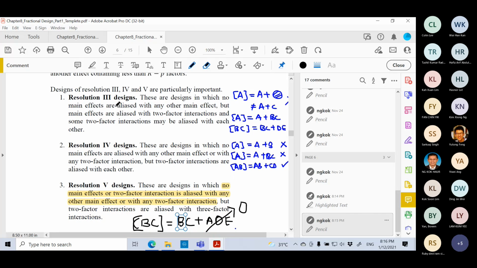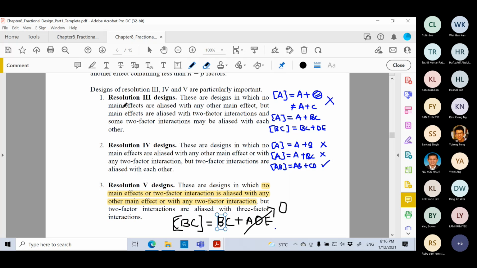Okay, for resolution III here, you have A plus BC. Main factor will be aliased with the two-factor. So most of the time, two-factor interactions are significant. So if you assume the BC is not significant, of course you can estimate the A directly. But is the BC really not important?